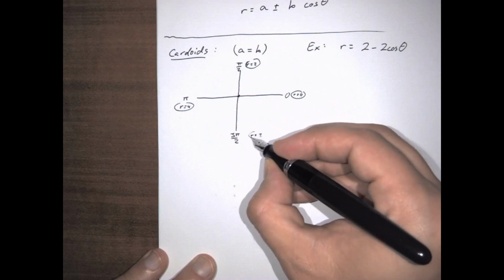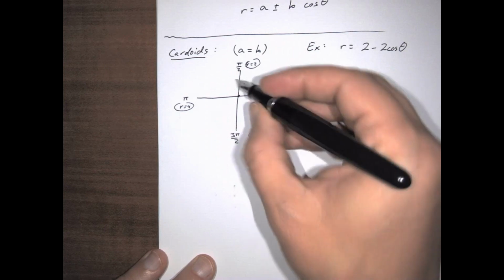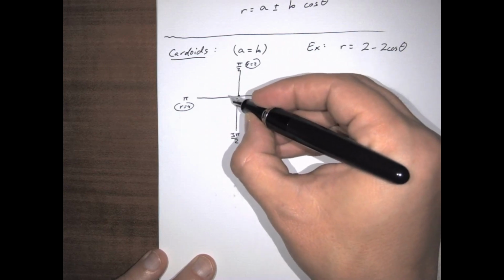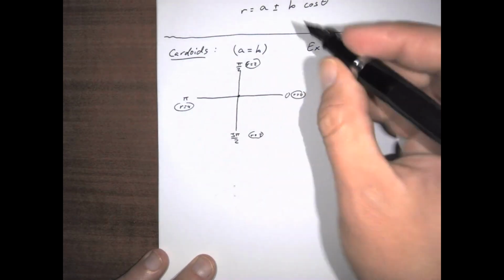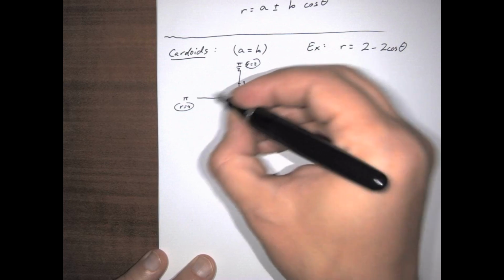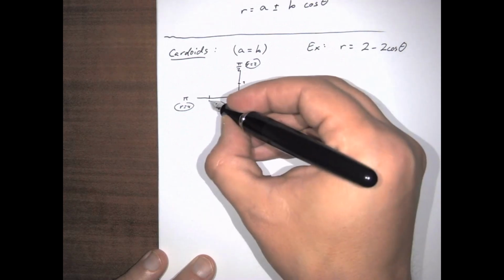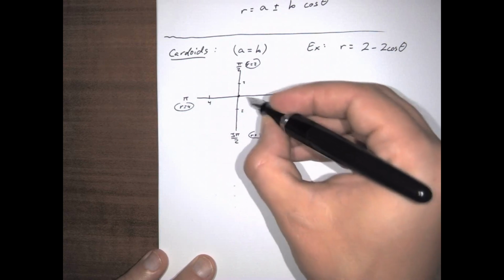Okay, so what's this going to mean? This means that as we sweep around from 0 until we get to 2 pi, we're going to be going out to there, out to here, back into here, and then back into there.